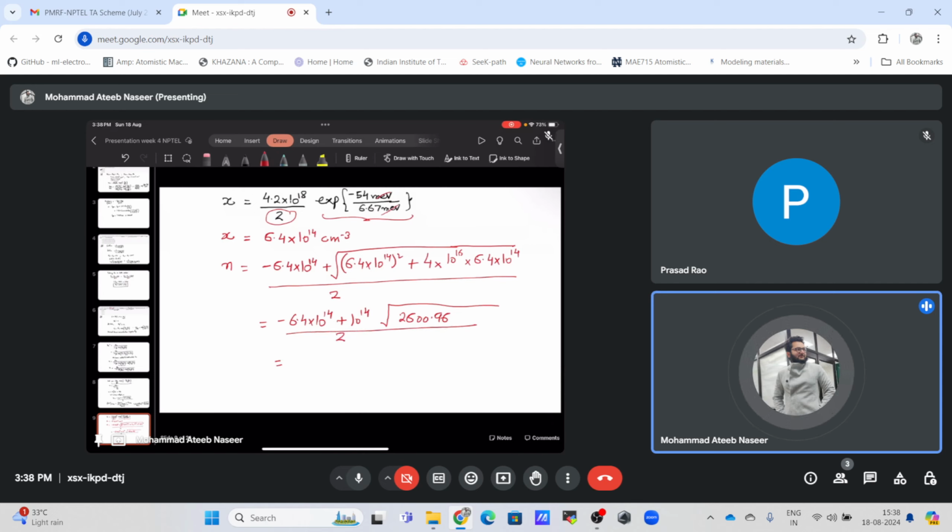So let's take the square root of this and add up these two, and it will be simply equal to 44.6 into 10 to the power of 15 divided by 2 per centimeter cube, or n is simply equal to 2.23 into 10 to the power of 15 per centimeter cube.